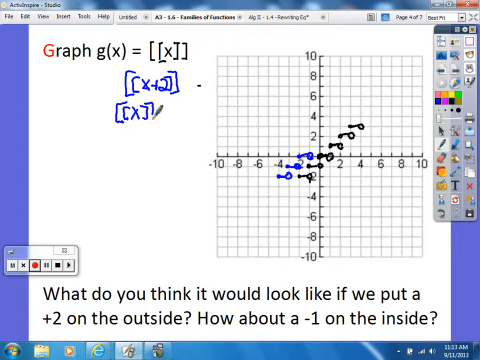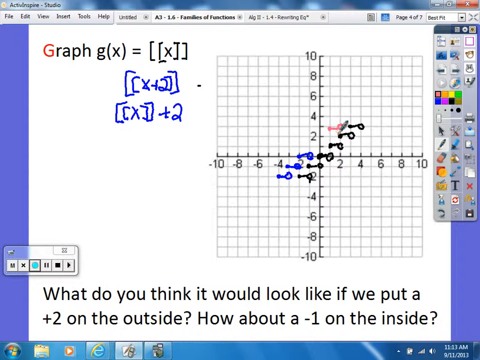Which way? It would take the original function and move all of the points up 2. So I'll use this one right here, 1, 2. And I'll put a dot there and move it over. Switch the sign of what's inside, keep the sign of what's outside.